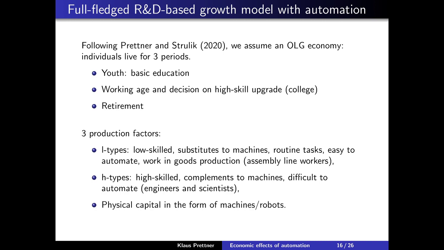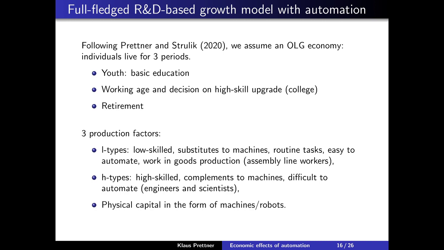Depending on this choice, there are then 3 production factors in the economy. The low-skilled workers, these are the ones who chose not to upgrade their skills. They perform comparatively routine tasks, are easy to automate, are substitutes to machines, and we conceptualize them as being the assembly line workers that work only in goods production. We call them L-types.